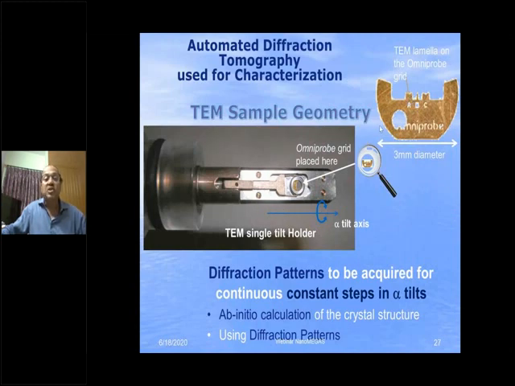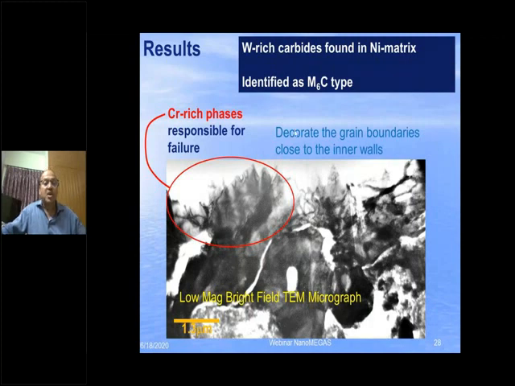This is the manifold. So for this sample we now start doing automated diffraction tomography. We have done the analysis and found that it is a chromium phase which is responsible for failure. So now we are slowly trying to converge on what is responsible. We have to identify what this carbide formation is. This is some carbide, a metal carbide.